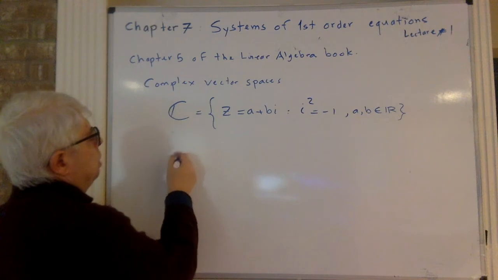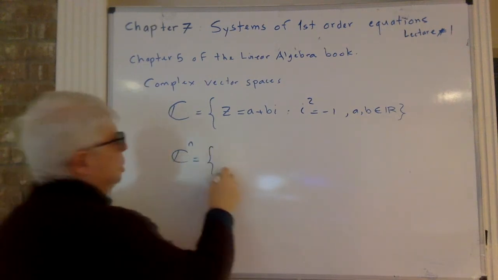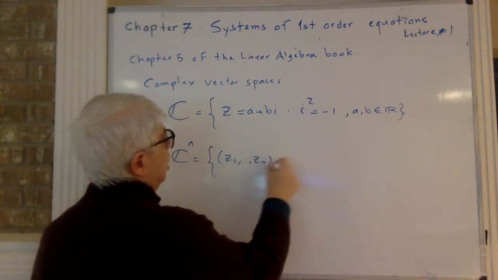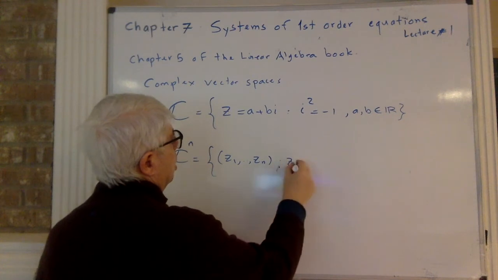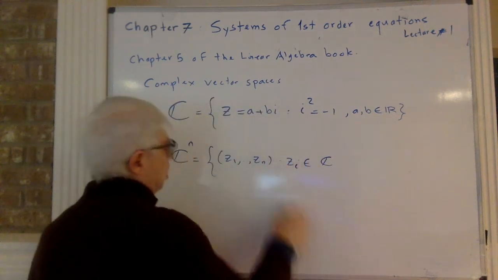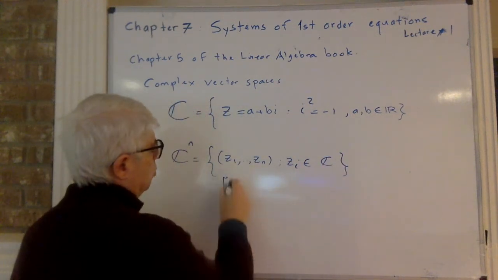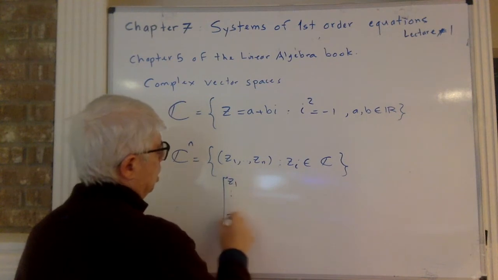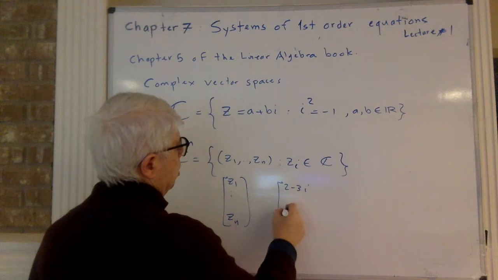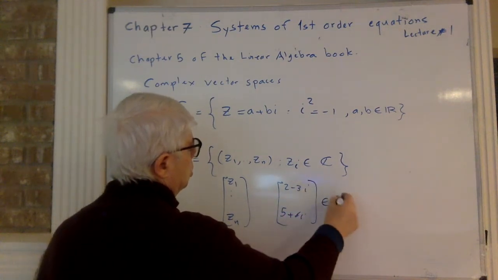Say if I have Cn, like Rn, Cn will be Z1 up to Zn, and the Zi's are in C. So I can have a vector like this, for example, 2 minus 3i, 5 plus 6i, which belongs to C2.